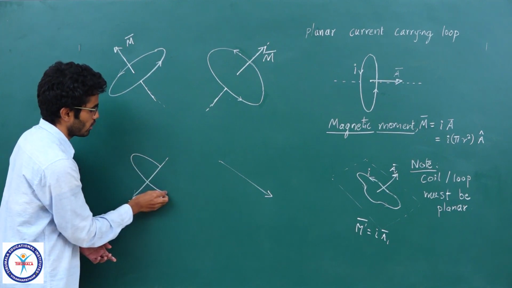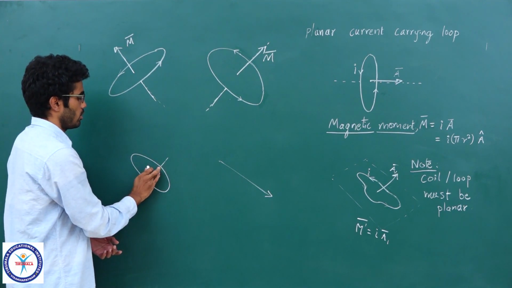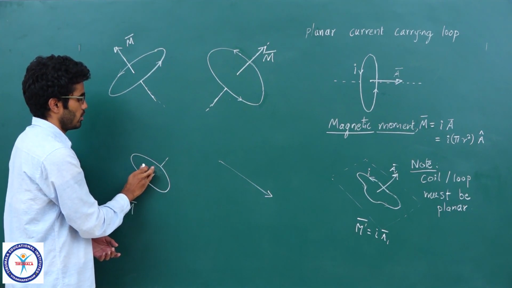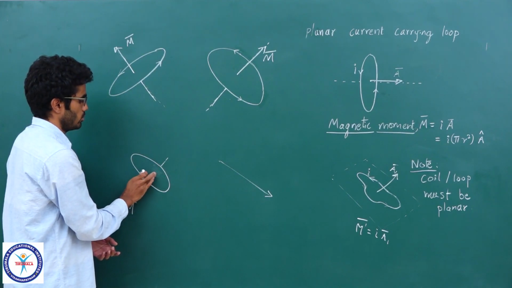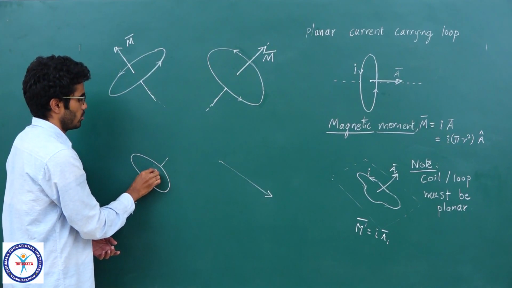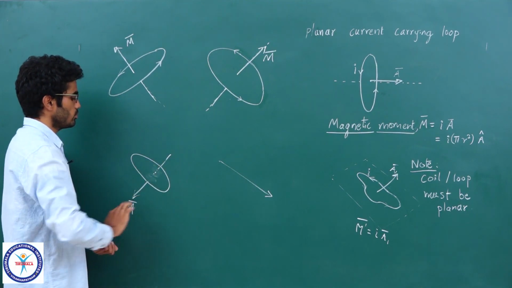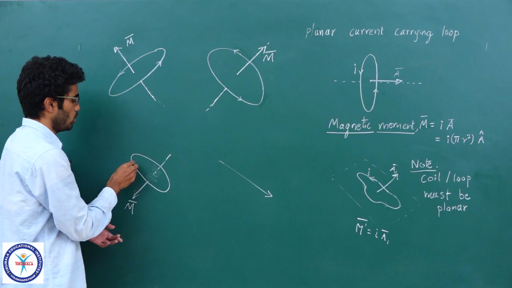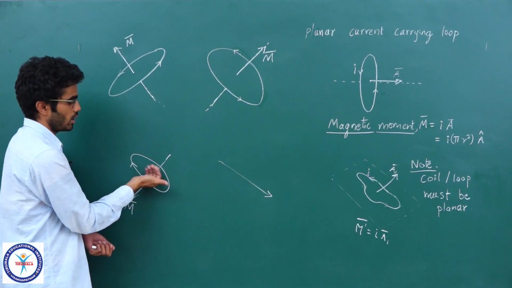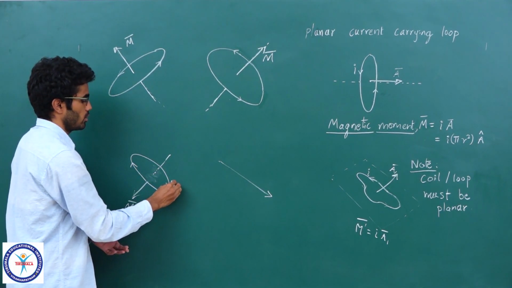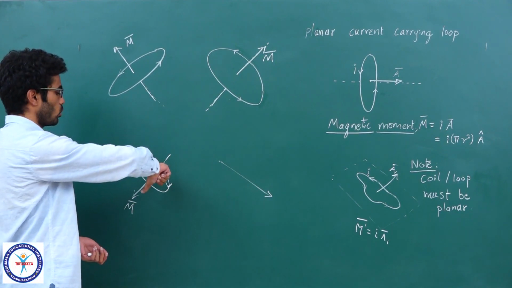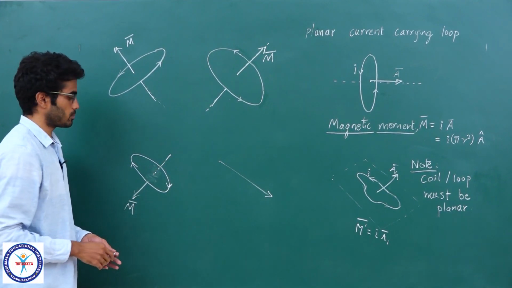So, you can draw a ring. It is going into the board here and coming out of the board here. So, it is around the magnetic moment vector in this way.